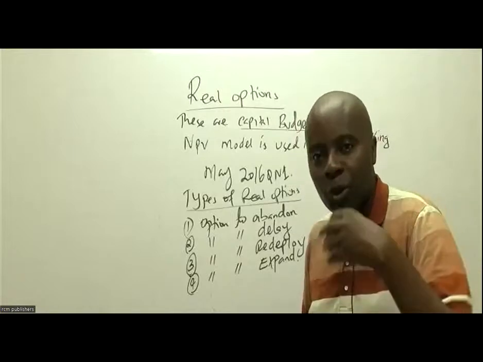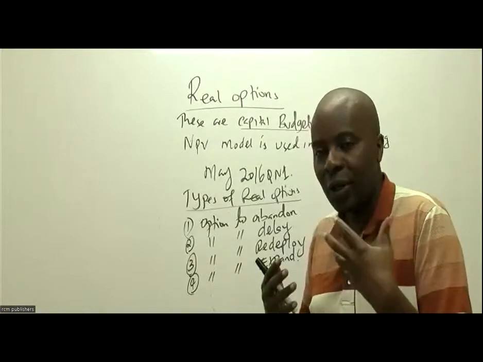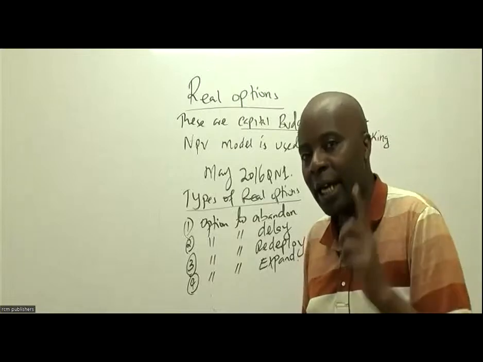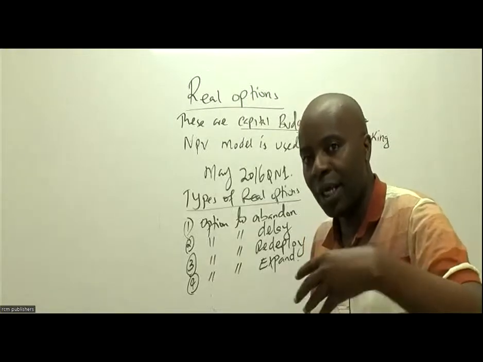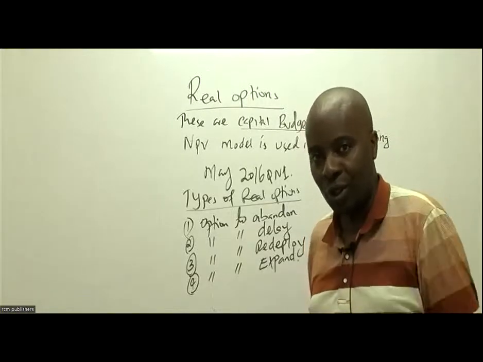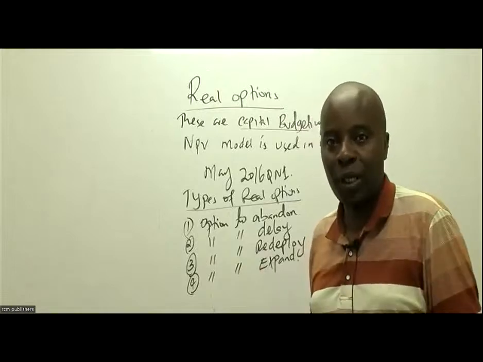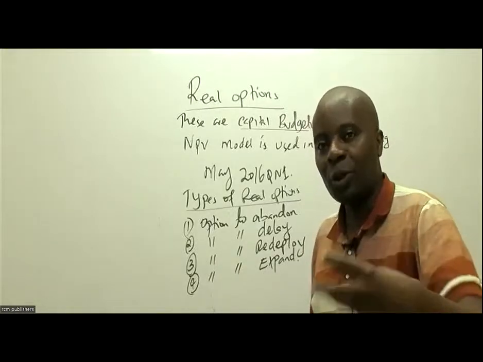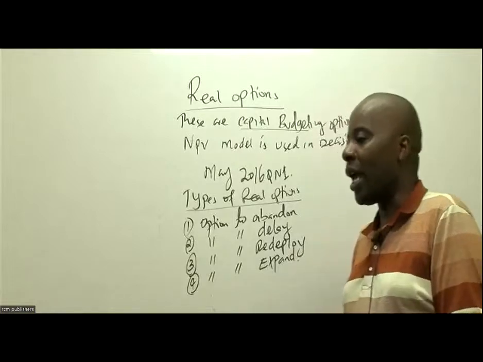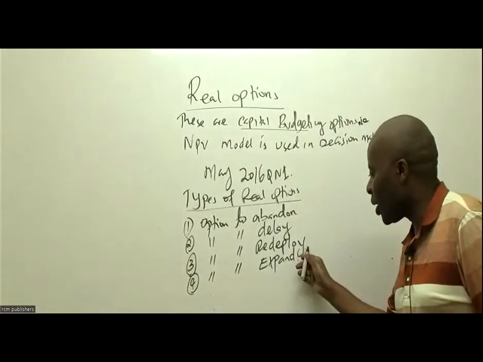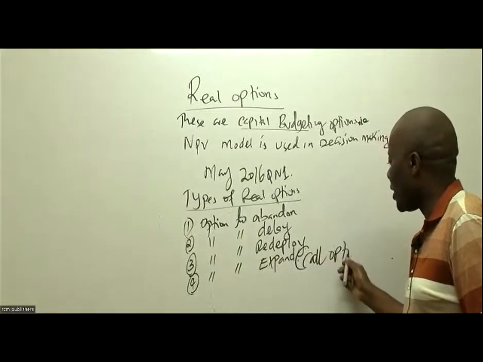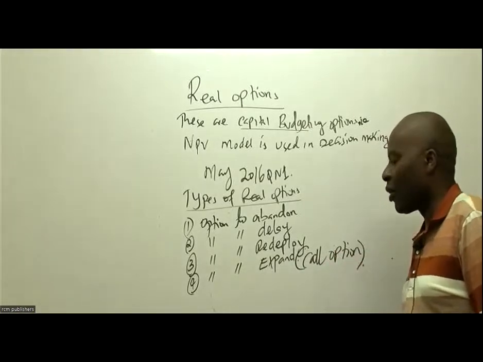In terms of accounting, expansion means me putting up more resources. It's like I'm buying extra space. And if you remember, the option to buy, the option to increase, is normally a call option. So this one here will always be accounted as a call option.